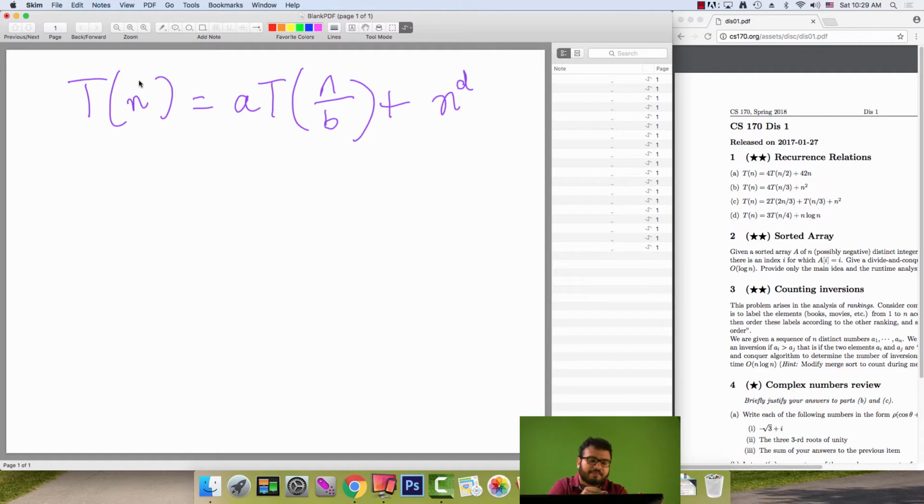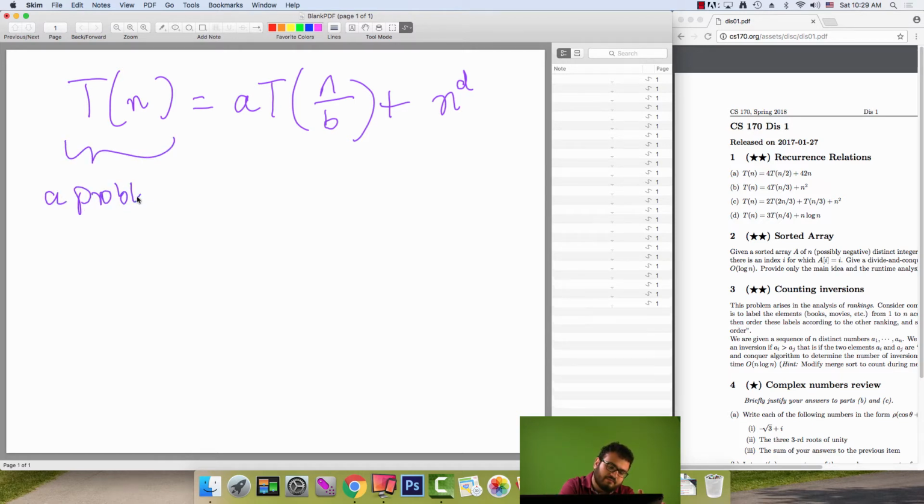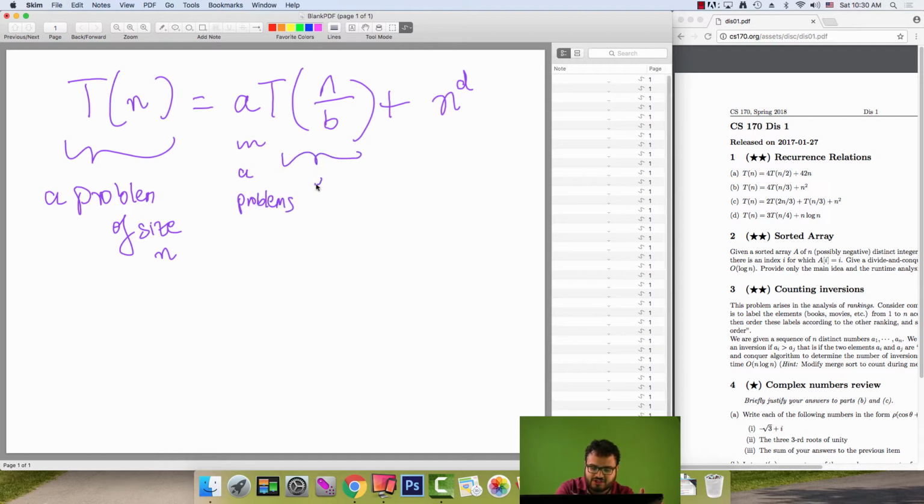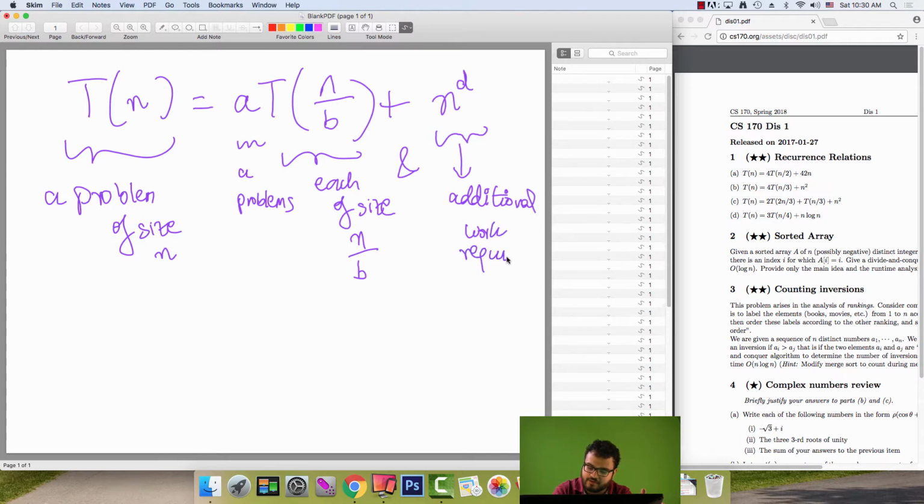This says a problem of size n can be solved by solving A problems, each of size n over B, and this is the amount of additional work required.